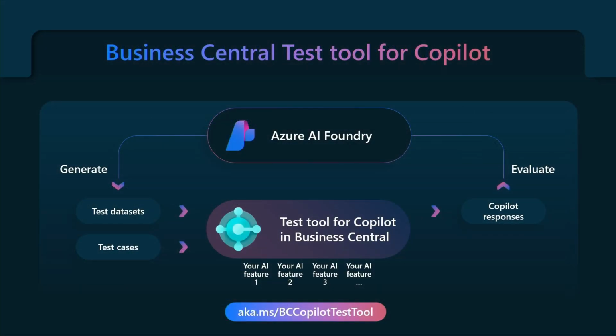So what can you use the test tool for? Well, you can use it to efficiently test your Copilot features end to end. It has the ability to create a test suite where you can run test cases with data-driven input, so that you can create files and data sets for all of your different tests, and then iterate over each of the rows in the data set to call each of the test cases in the suite.